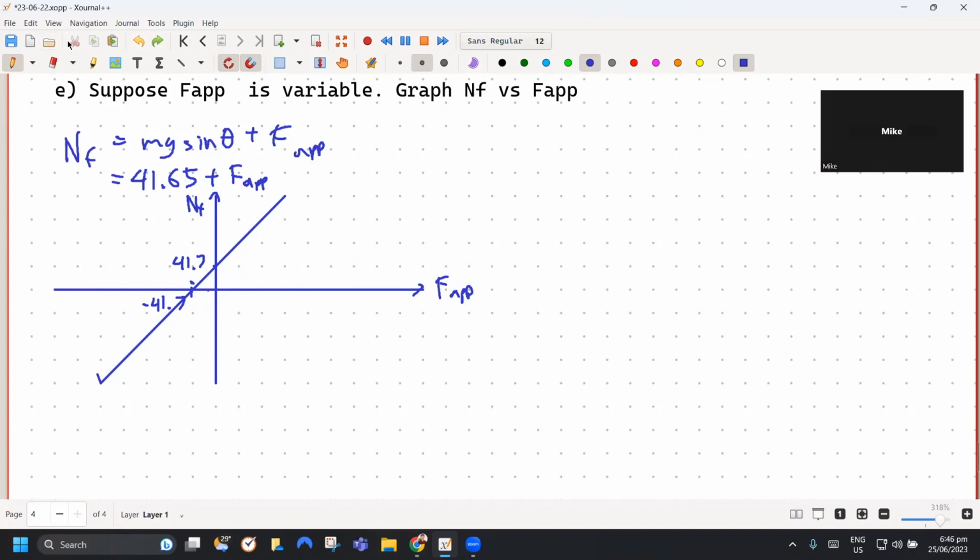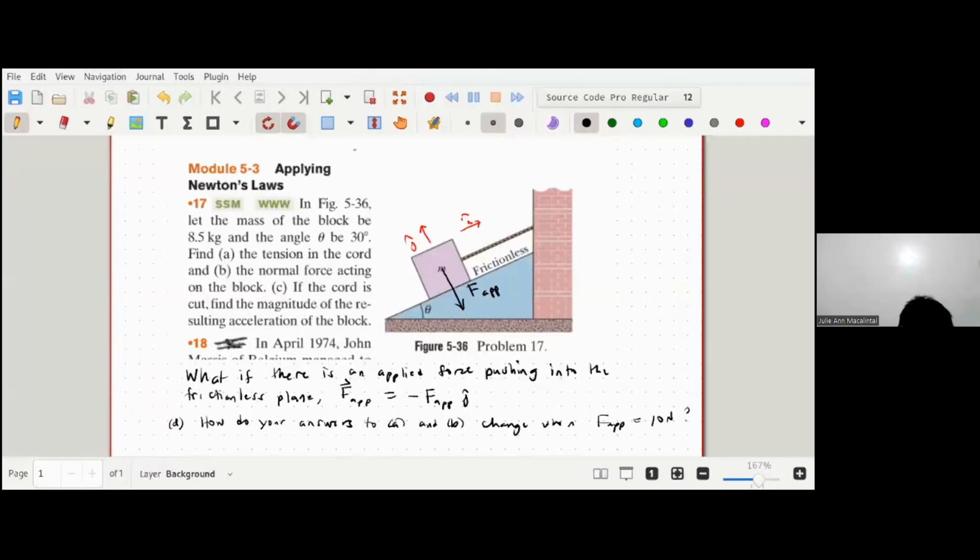When F applied is negative, ano direction nung F applied? Tingnan mo yung diagram ko. So, share ko ulit. Ito. F applied is negative. Ano direction ng F applied?